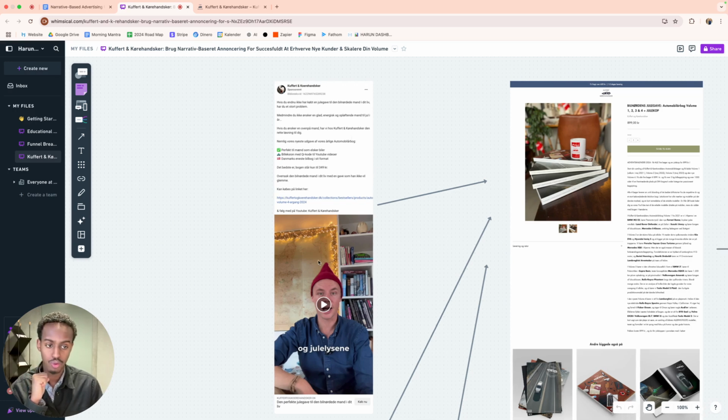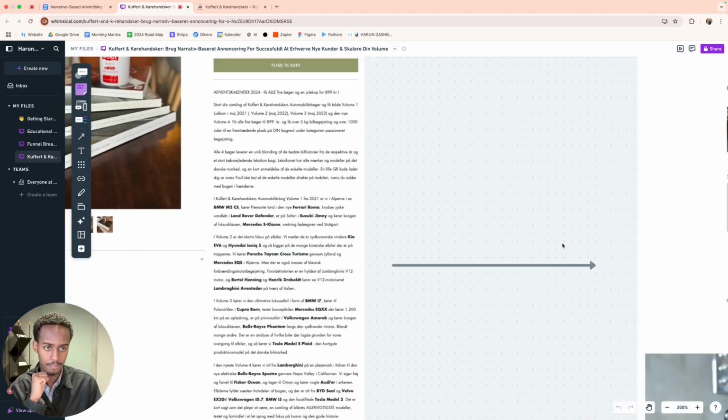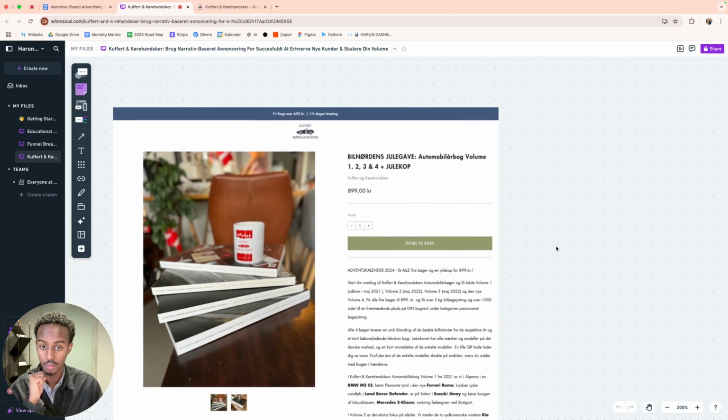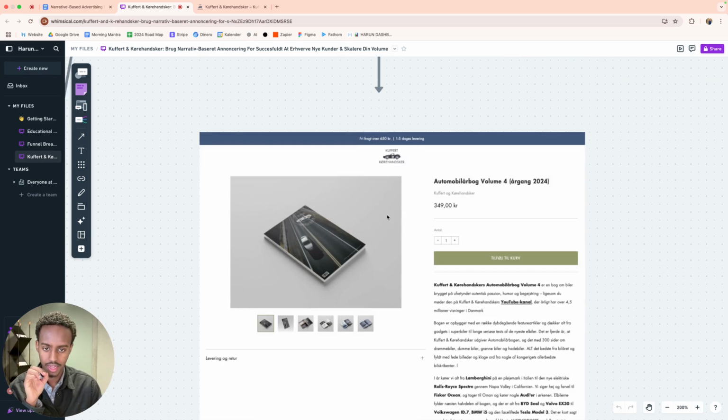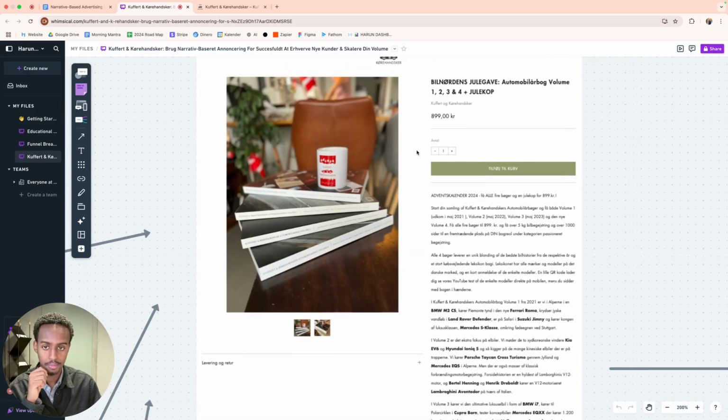And from our ads, we direct them into a landing page where you can see, yet again, we have our main offer, we have our hero offer, and we are essentially also currently testing a bit on the landing page. So you can see we have the primary landing page with the book itself, but we also have a landing page where we are testing with a bundle and keeping the narrative cohesively.